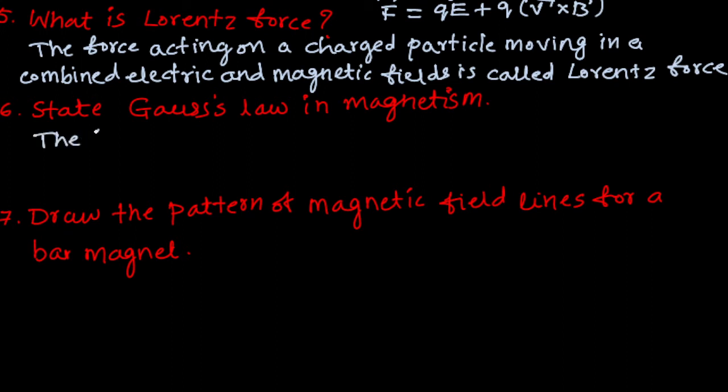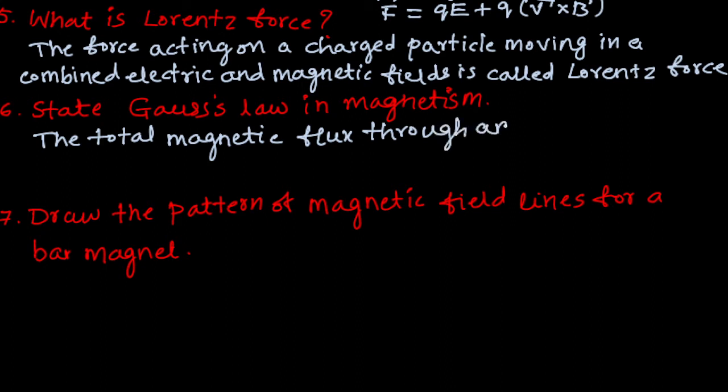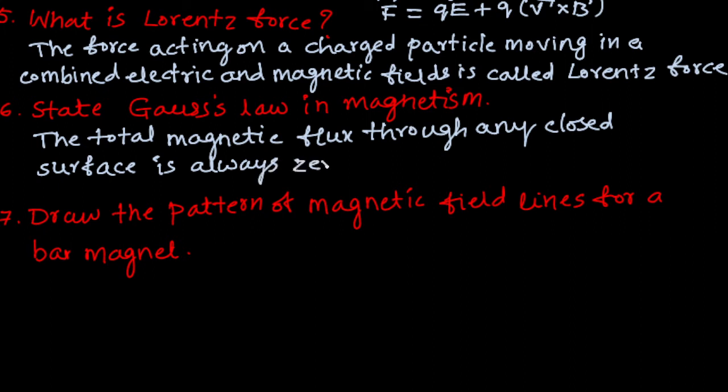According to Gauss law, the total magnetic flux through any closed surface is always zero. The magnetic flux through any closed surface is always zero. This is Gauss law in magnetism.